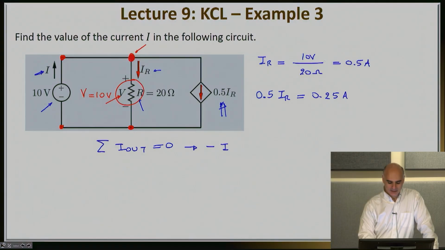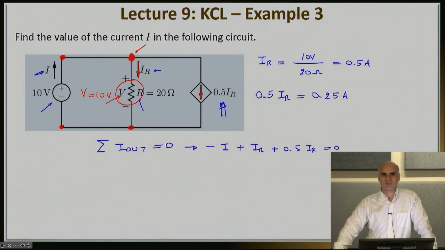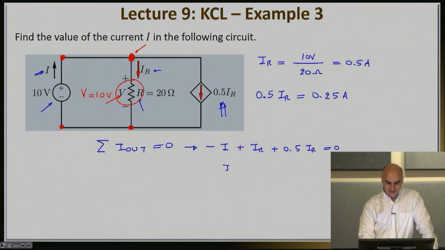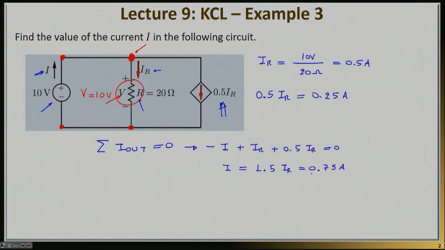So negative I plus IR plus 0.5 IR must be equal to 0. Or I is nothing else but 1.5 IR, or 0.75 amps. And that's the answer that we have.